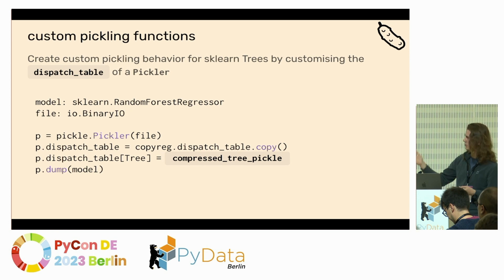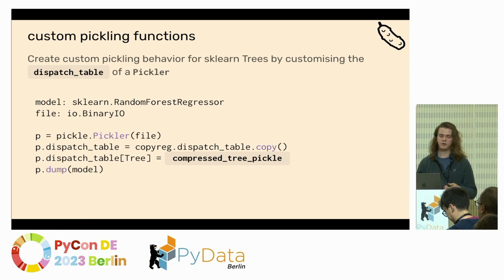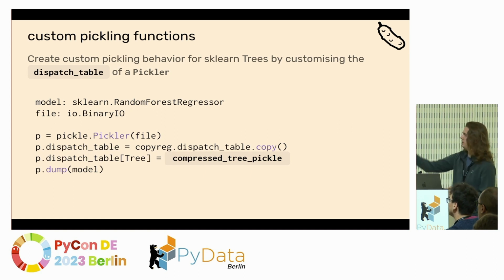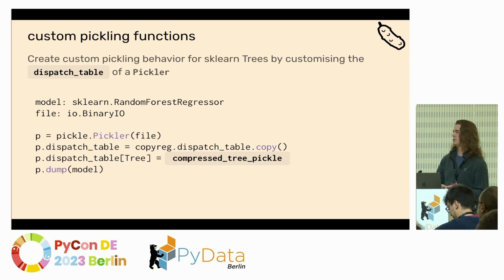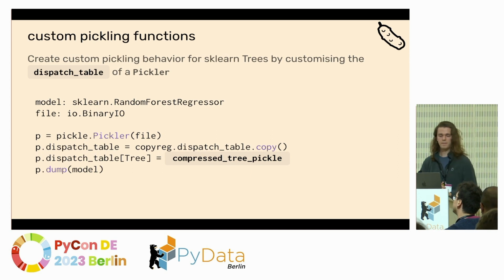And what we can specify here is the dispatch table for the tree object in scikit-learn. And then we set it to a custom method, which we called compressed tree pickle, that actually handles the theory that we talked about before, and then call p.dump of our custom pickler, and then we are basically done.